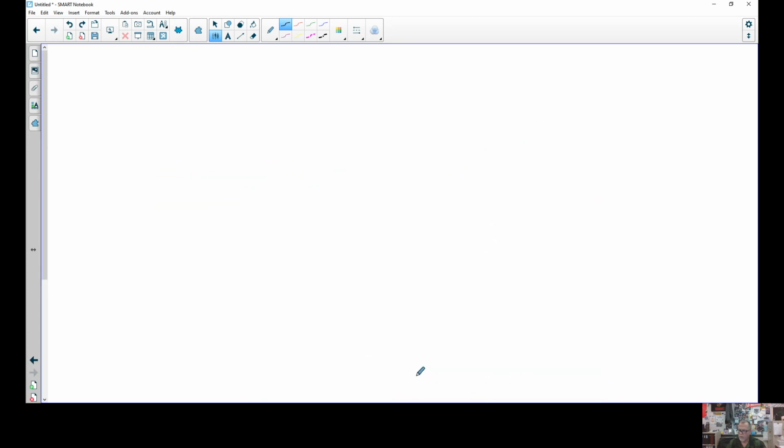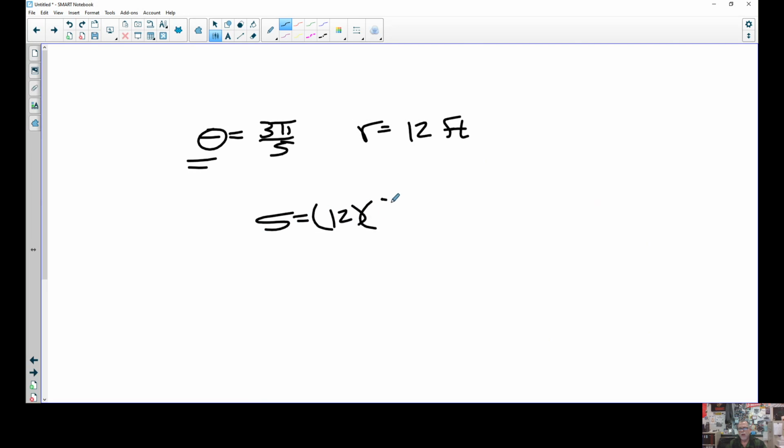Given a central angle, if they tell you that, let's say theta equals 3 pi over 5, and we have a radius equal to 12 feet, what is the length of the intercepted arc? So we have our theta in the right terms. So our S is going to equal 12 times 3 pi over 5.